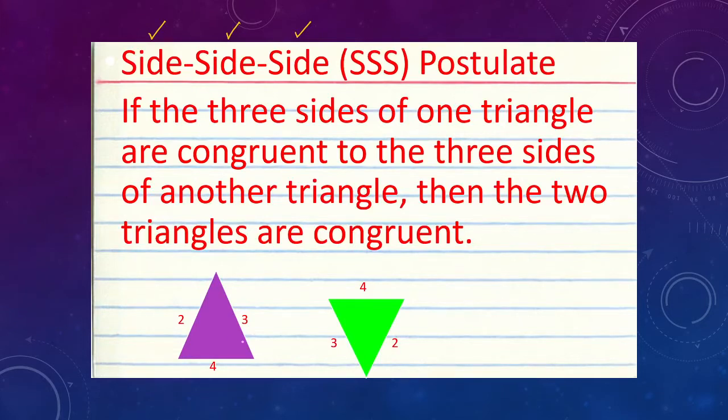Now you have noticed here, this side is congruent to this side. This side is congruent to this side. And this side is congruent to this side. Let's explore more on the SSS postulate.